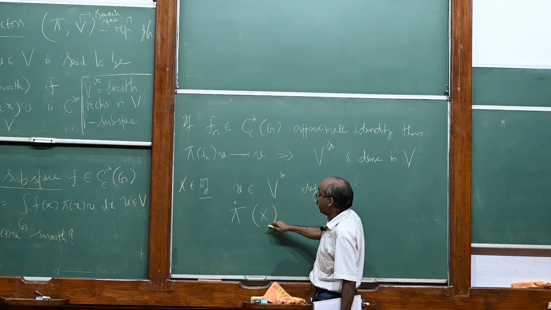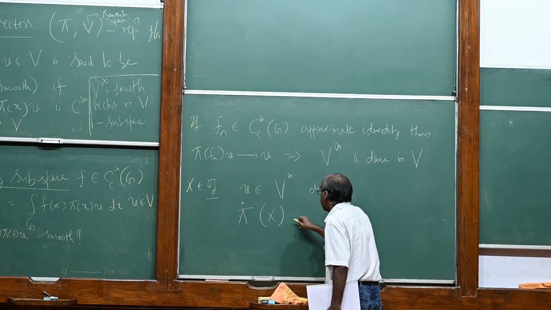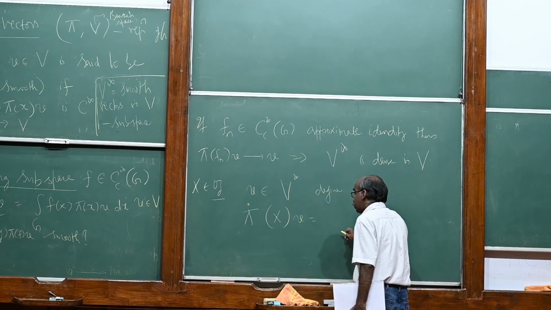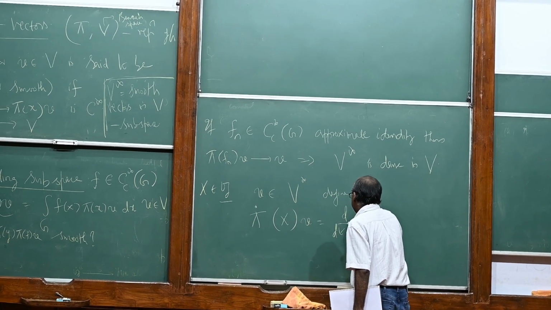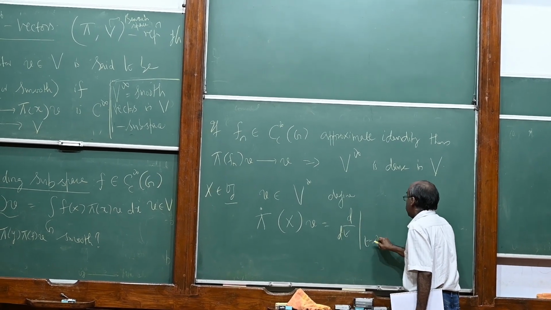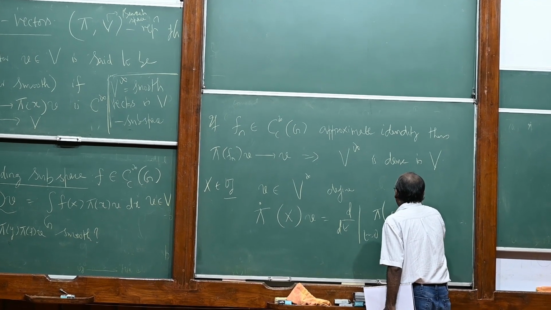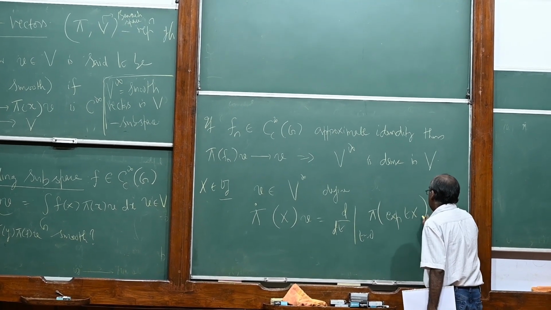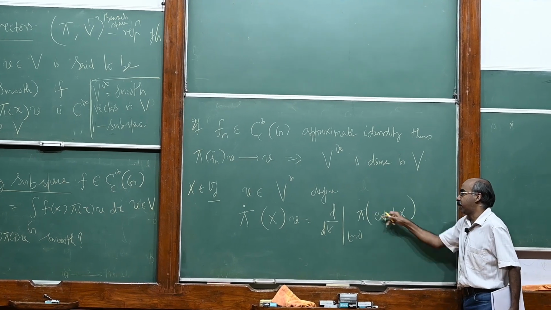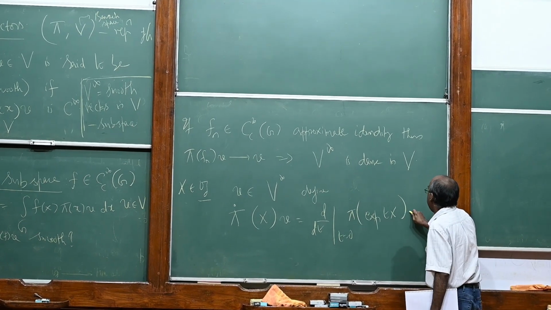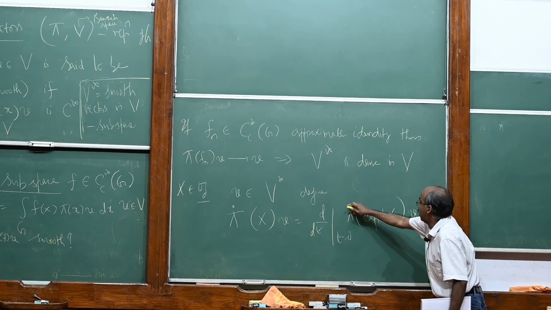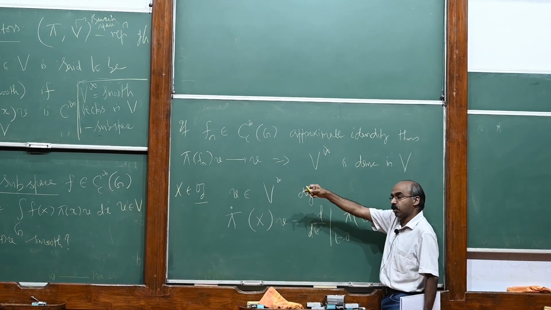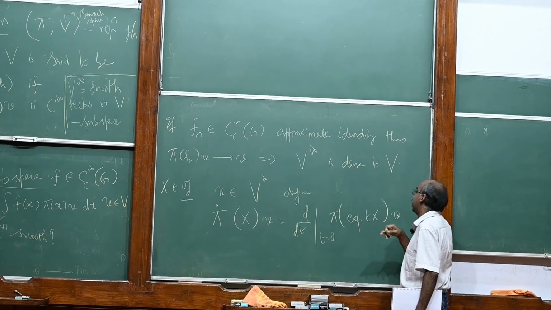Phi dot of x, where x comes from the Lie algebra, v equal to d by dt at t equal to 0 of phi of exp tx v. Right, so exp tx is in the group, phi of this is the operator acting on v. So this is a smooth function in t, because v is in V infinity, and so I can differentiate.